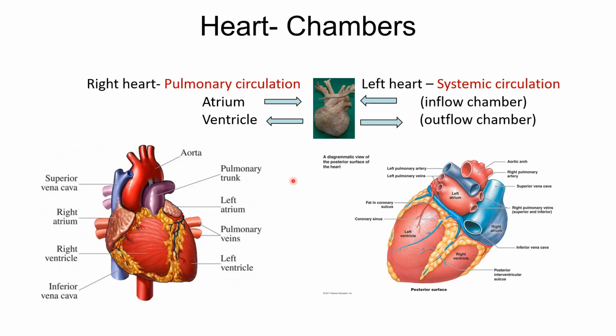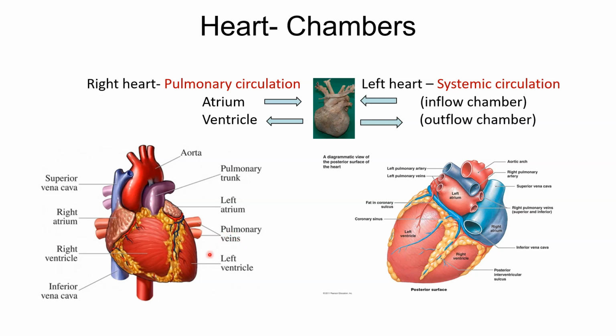So for studying the chambers of the heart, it can be divided into right heart and left heart. The right heart is concerned with pulmonary circulation, whereas the left heart is concerned with systemic circulation. The right heart has an atrium and a ventricle, which we call the right atrium and right ventricle, whereas the left heart also contains an atrium and ventricle.